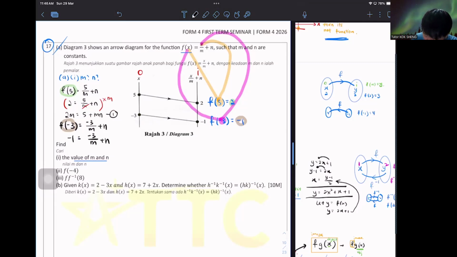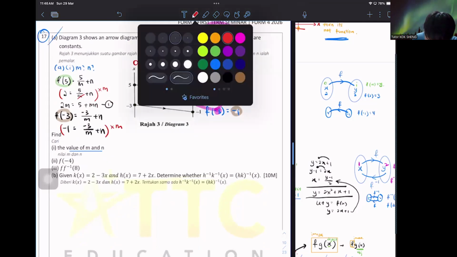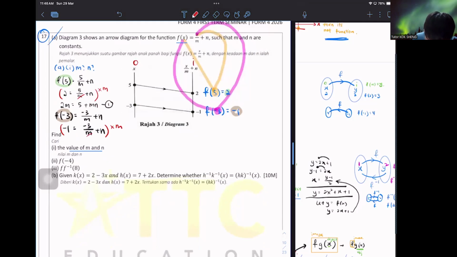Now repeat the same step here and get rid of the fraction by multiplying the whole thing by m. So you can cut this off. -m, -3, and this is mn. This is the second equation, with also the same two unknowns m and n.